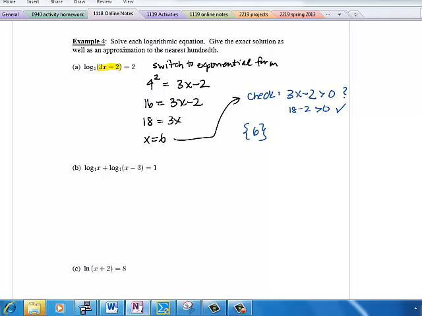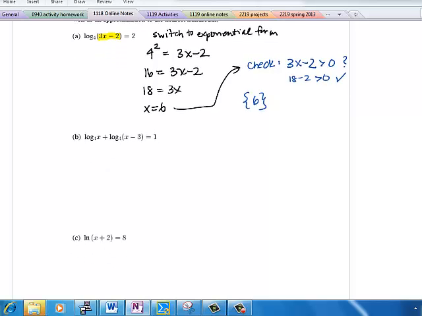Alright, so the next one, we have two logarithms, so we want to combine them into a single logarithm using the correct property. If we have a sum, we can put it together as a single logarithm with the same base of the product, which would be x squared minus 3x. So I'm multiplying x and x minus 3.